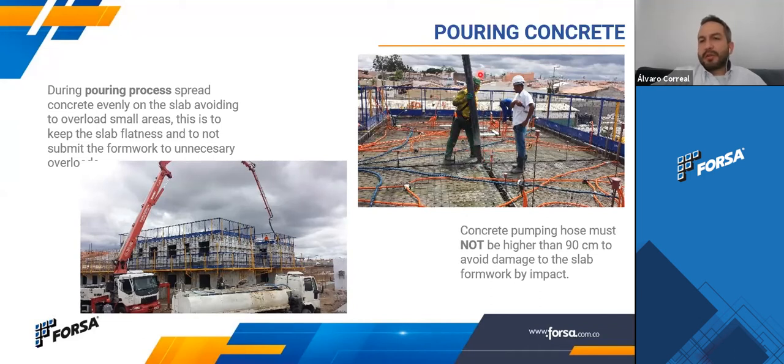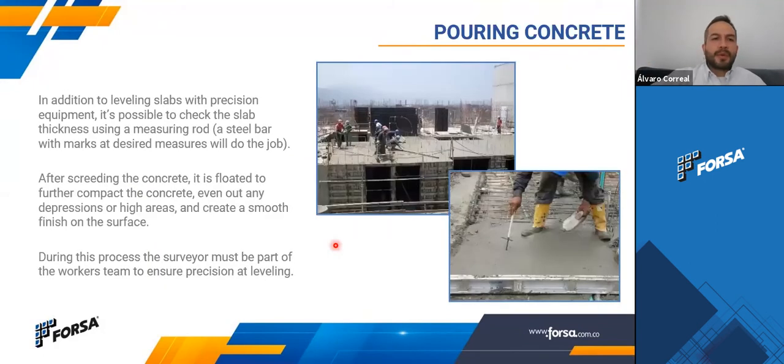These pictures are actually very nice, because you can see just 2-3 workers doing the work. This is probably a self-leveling concrete, so they don't need to do internal vibration, but external is recommended.